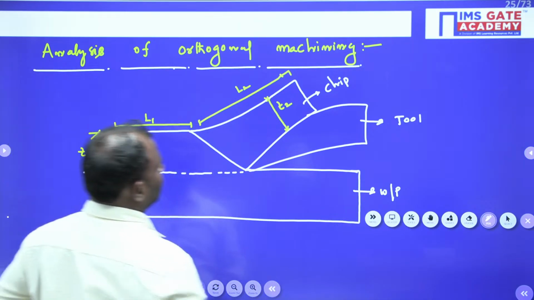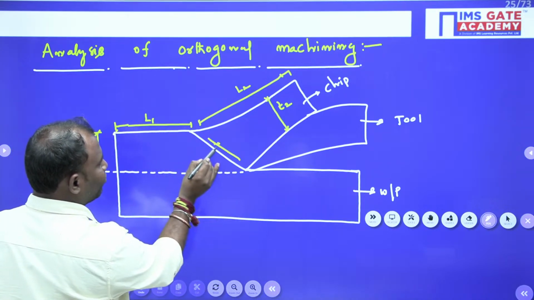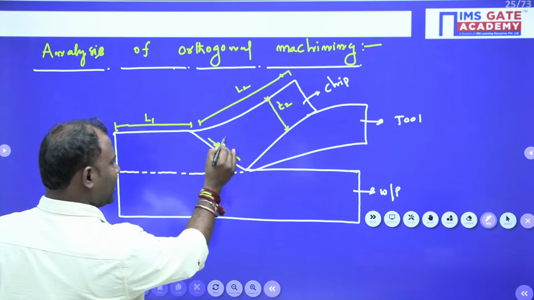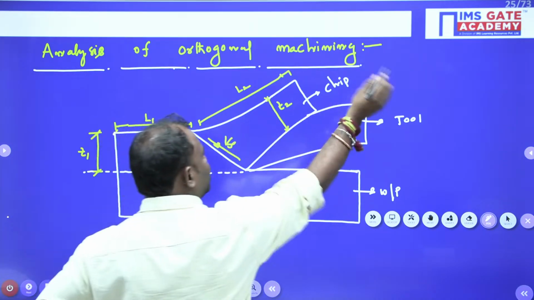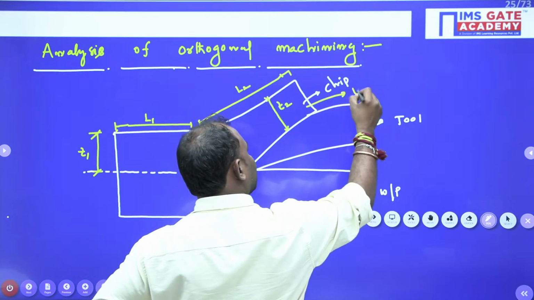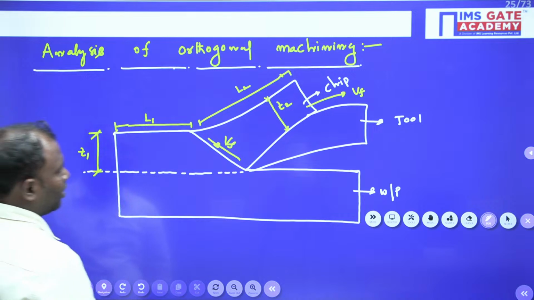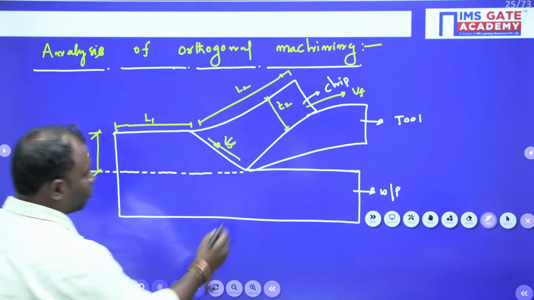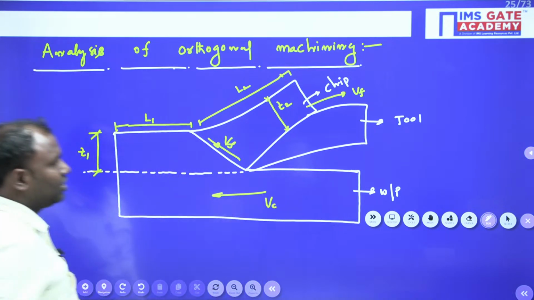Right. Now similarly, shearing takes place here, that is why it is called the shear velocity Vs, and the chip flow velocity we call Vf. Cutting velocity will come in this direction, cutting velocity Vc.